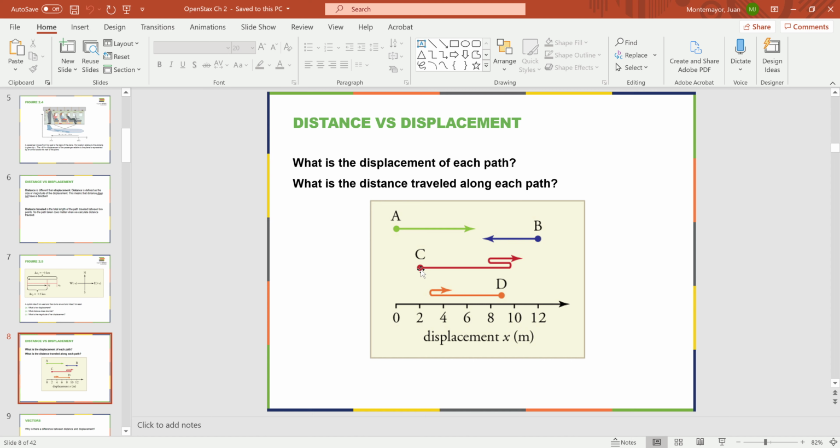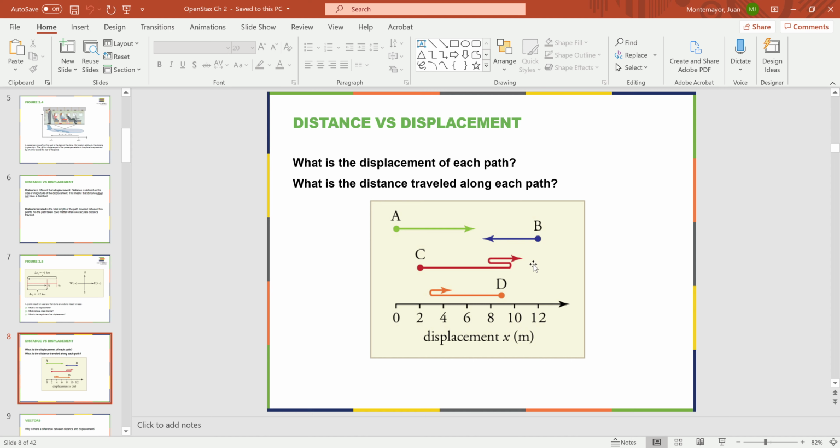Now the distance, however, it's 2 to 10, so that's about 10 minus 2 is 8 meters here. Then they traveled 2 meters this way, so that's 8 plus 2, that's 10, and 2 meters back to the other direction. So their total distance here is 12. So you see where there's a little difference there.